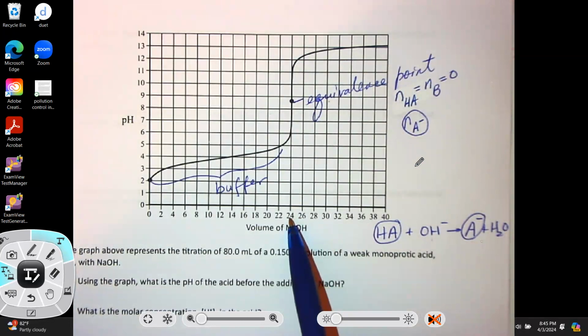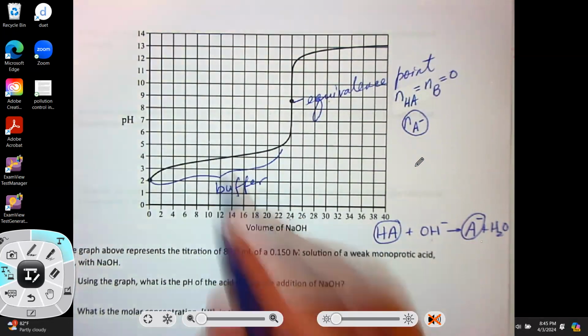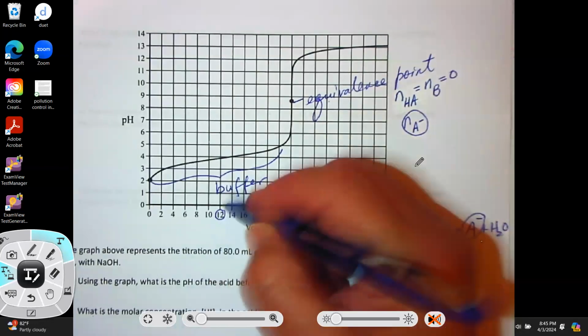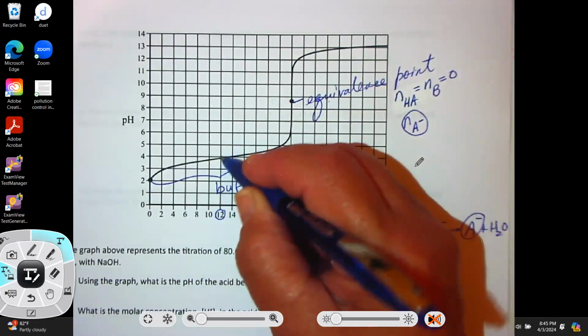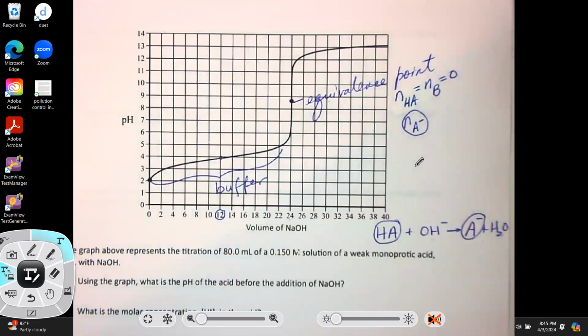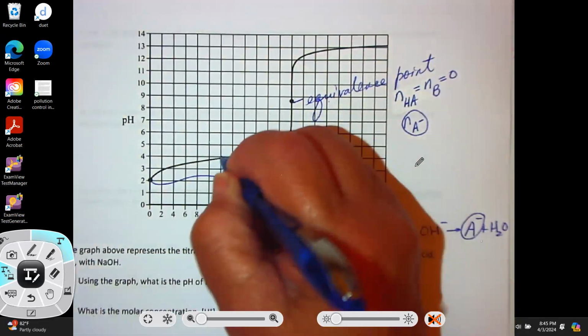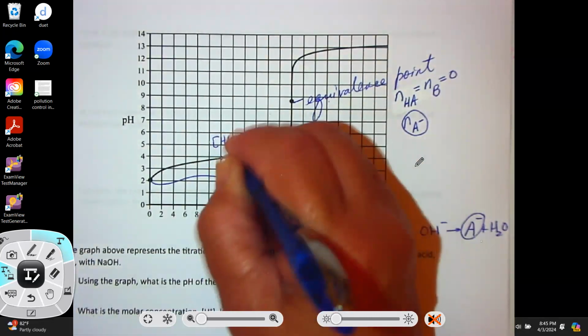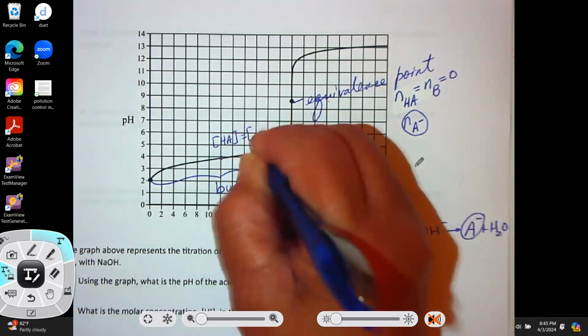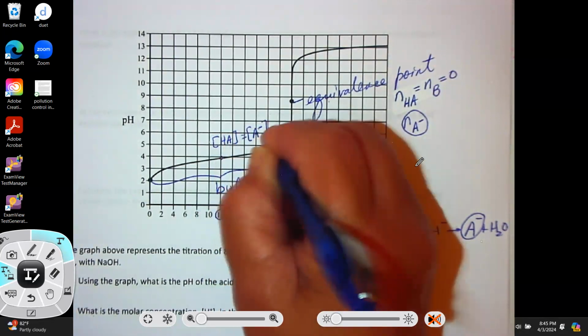However, since your equivalence point in this titration is reached when the volume of sodium hydroxide is 24, half of that volume, which is 12, is the point in the graph right here where the concentration of the acid equals the concentration of the conjugate base.